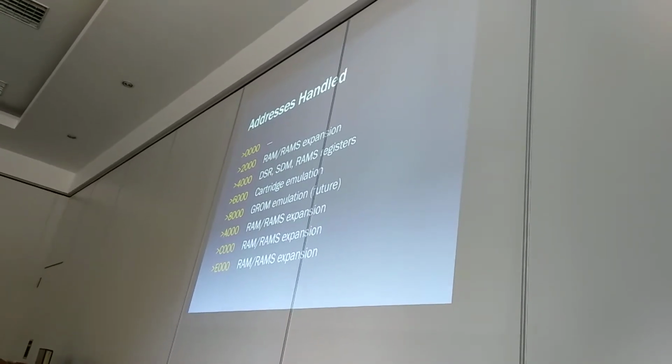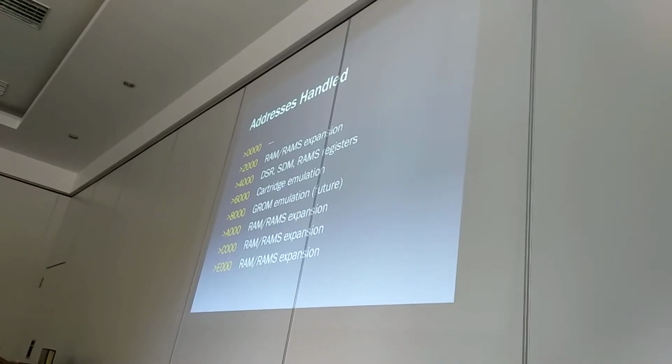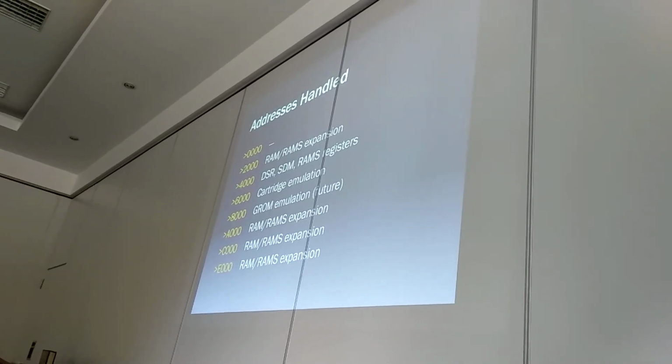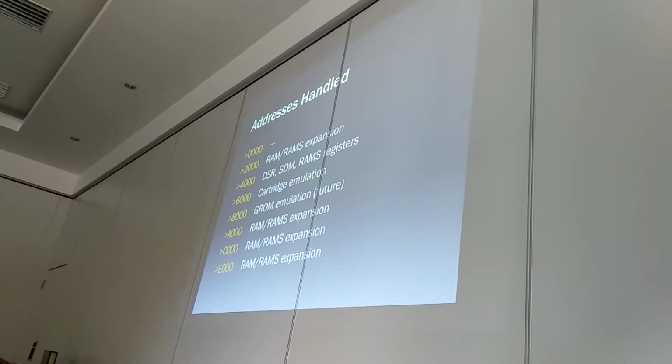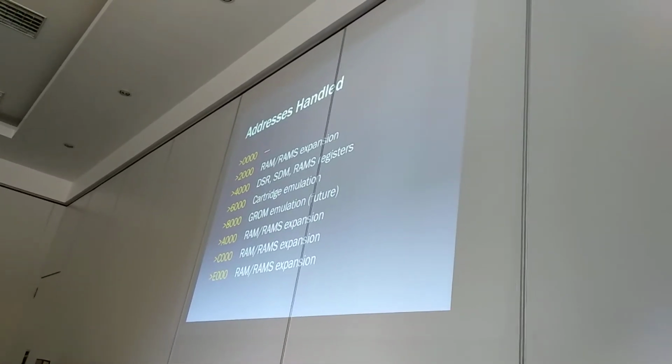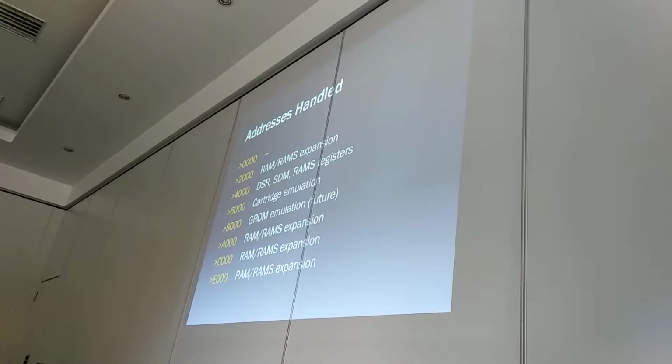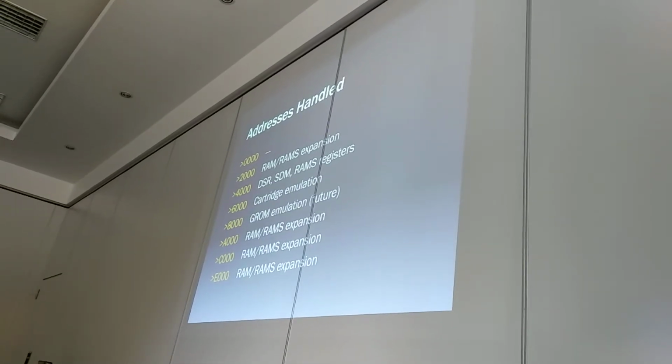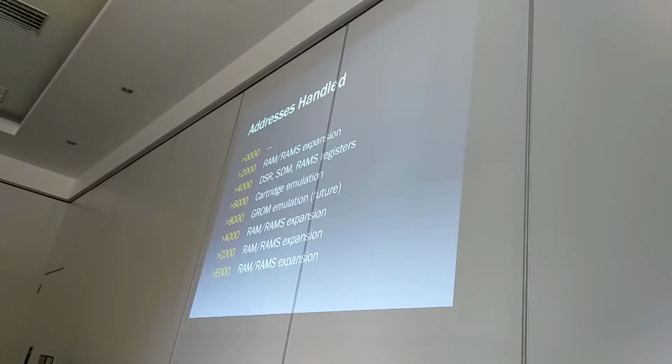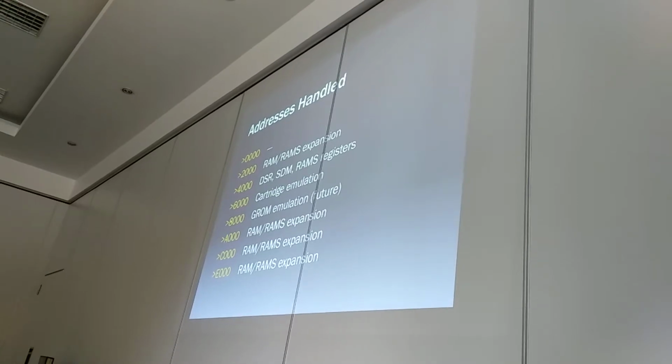6000 is cartridge. 8000 is all sorts of system stuff. 8000 and 9000 is also included here. What the SDD can do is it can emulate the GROMs. So the GROM read and write is inside this area, so you can do a GROM emulation.